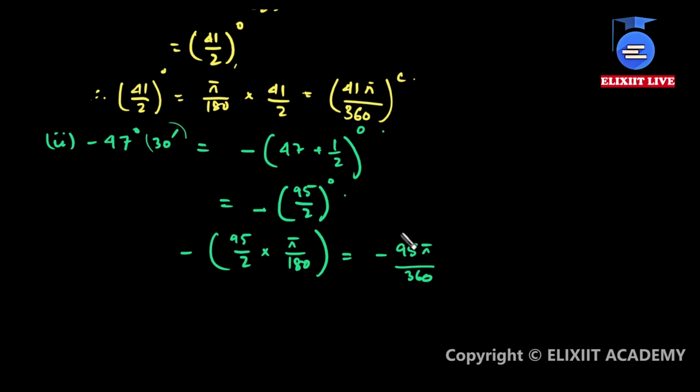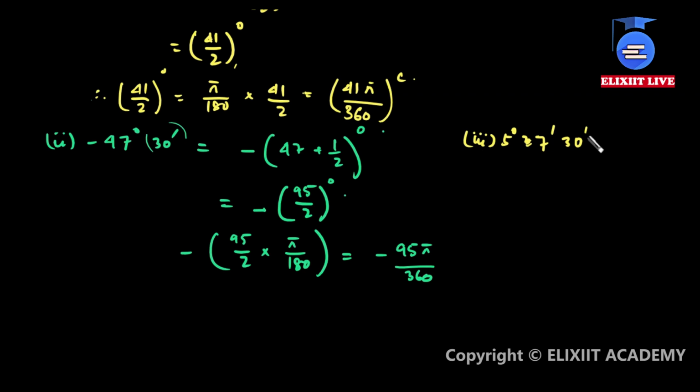Okay. Now you'll solve one more question. Last question. Convert this one: 5 degree, 37 minutes, and 30 seconds. Double dash is not visible clearly. 30 seconds.